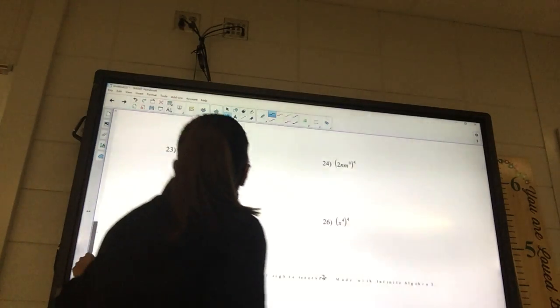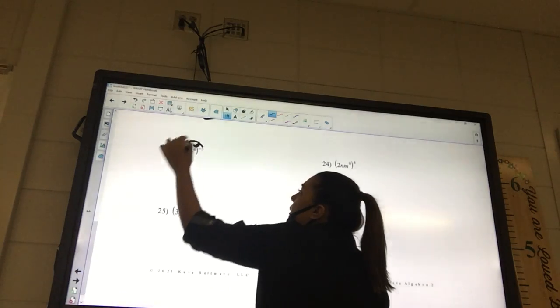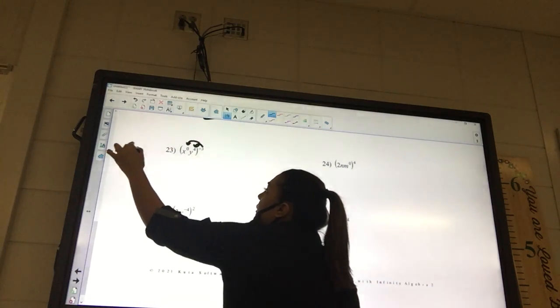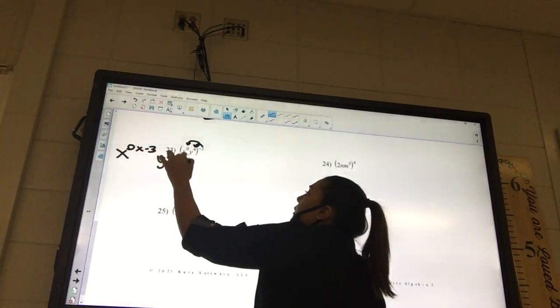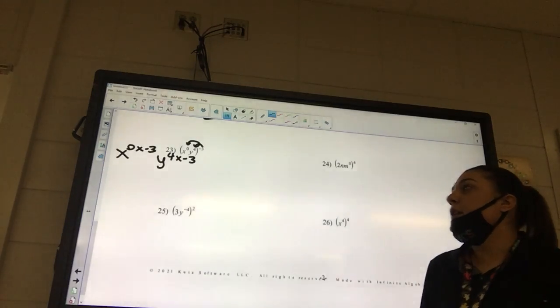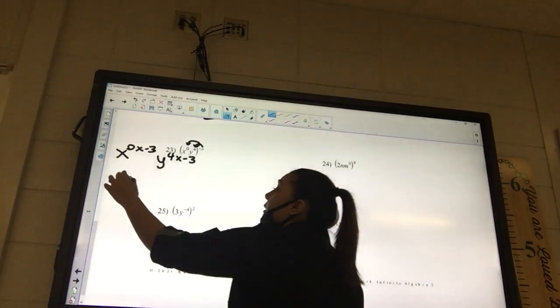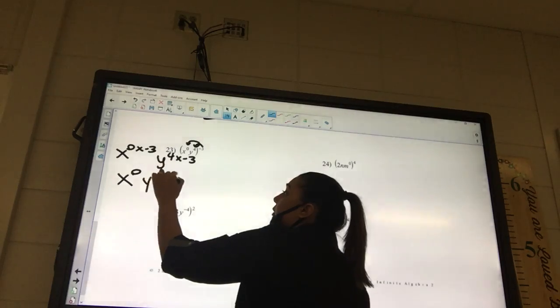Okay, 23. We have to distribute this to each piece. So I got x to the 0 times negative 3, y to the 4 times negative 3. 0 times negative 3 is 0. y to the negative 12.